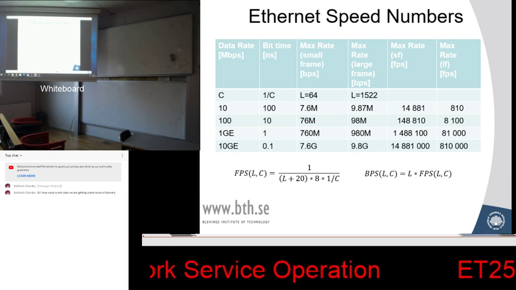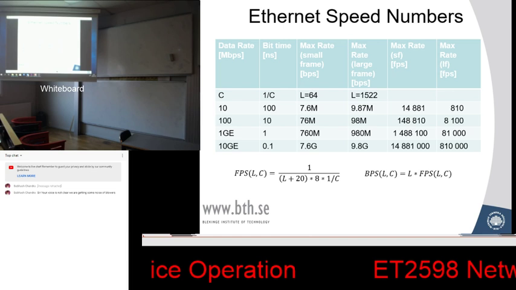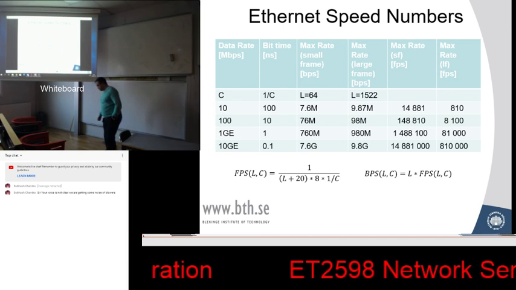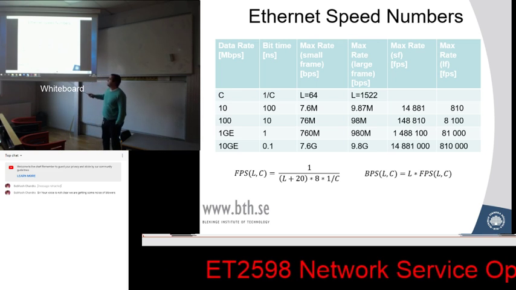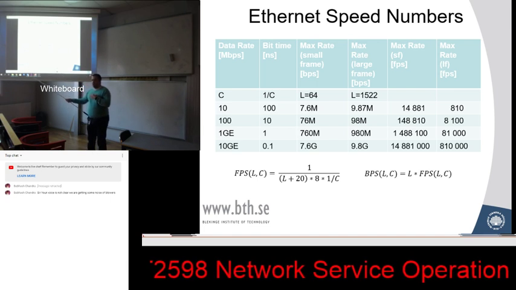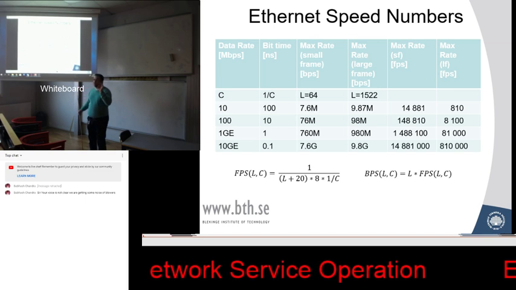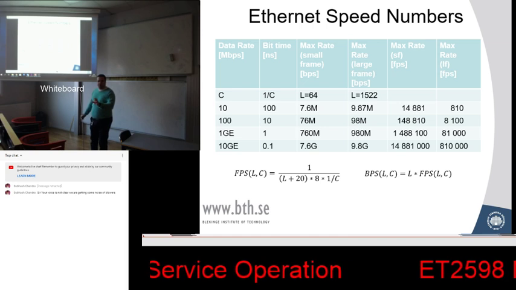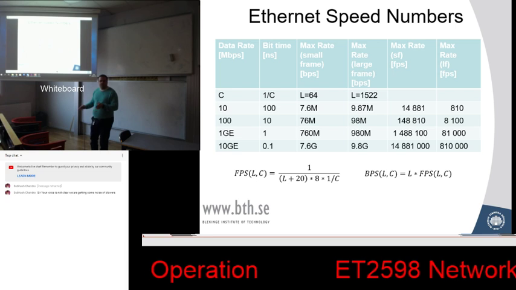Now, here are some speed numbers I want you to not remember, but I want you to have, perhaps remember one of these. So as we have different frame sizes, 46 versus 1500, we can have a huge difference in transmission rate, right?